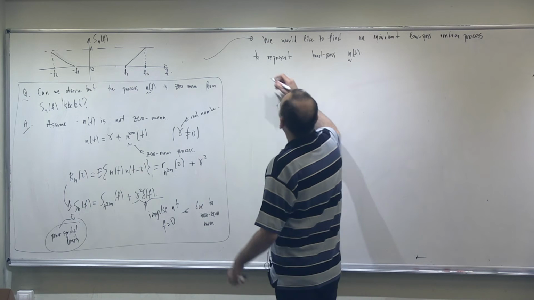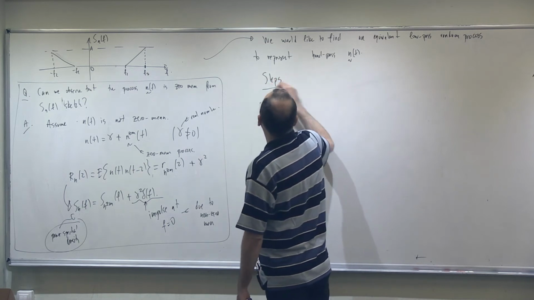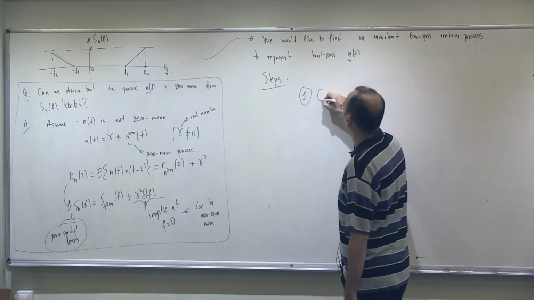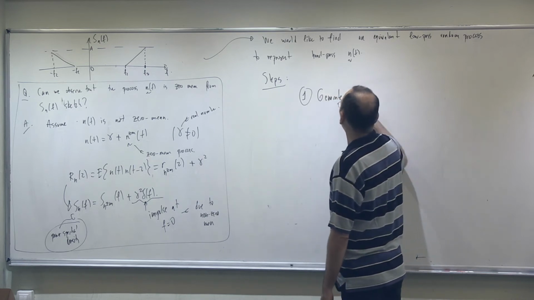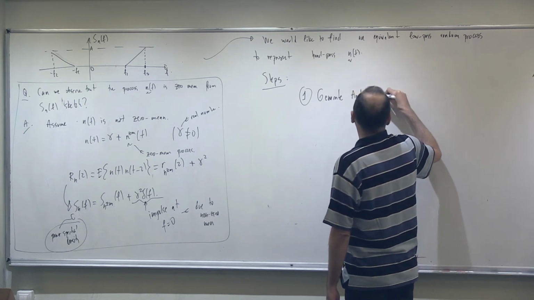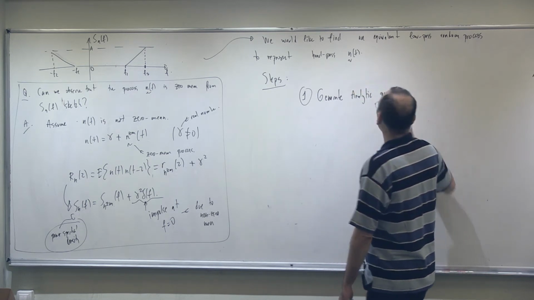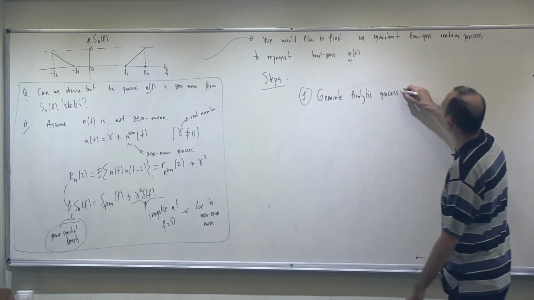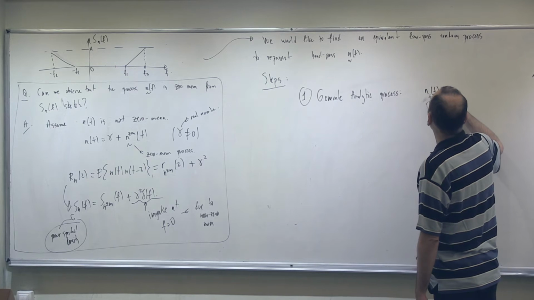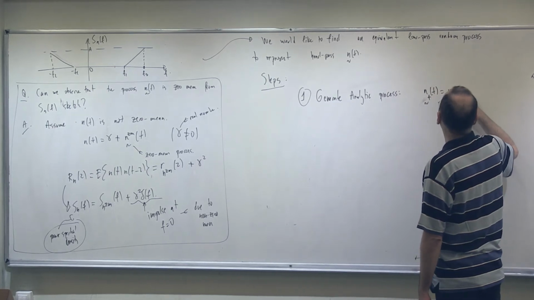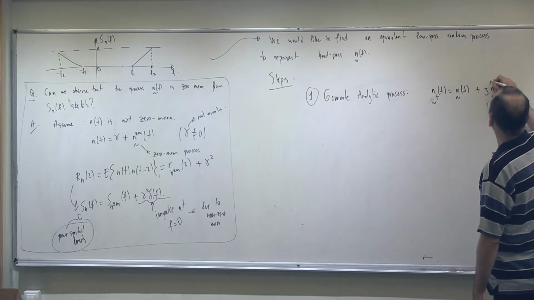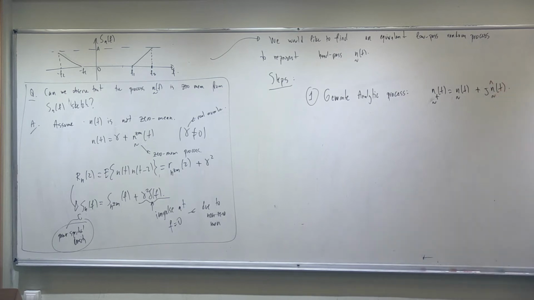So steps. Number one, it's not very surprising: generate the analytic process. So what do I mean by this? The process N of t plus j times this.